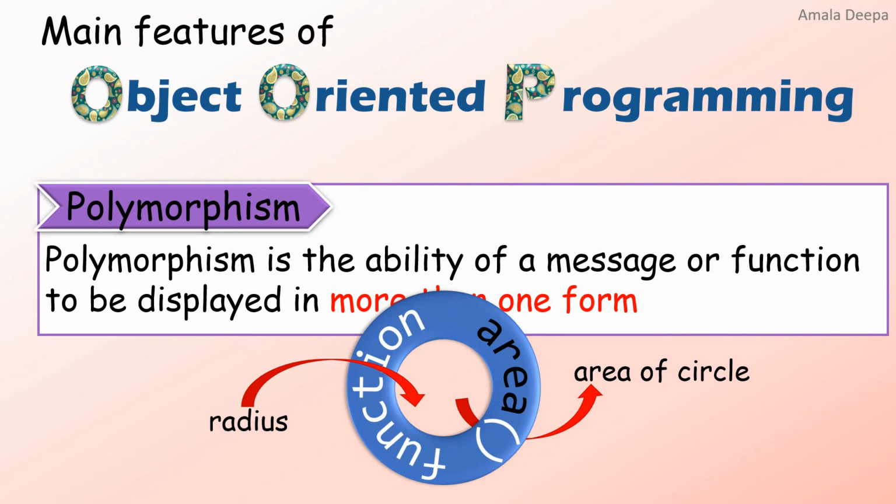To the same function, when I give the inputs of length and breadth, it gives the area of rectangle. Therefore, this function area behaves in different ways depending on the inputs. Polymorphism. Poly means many, morph means shapes or forms. Using the principle of polymorphism, we can create a function or an operator to behave differently for different inputs.